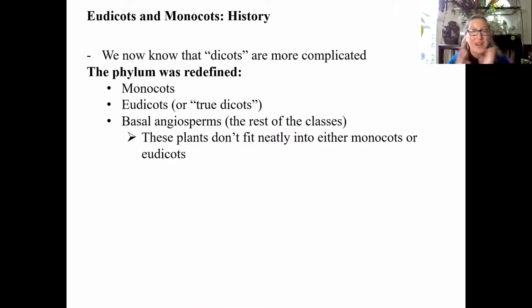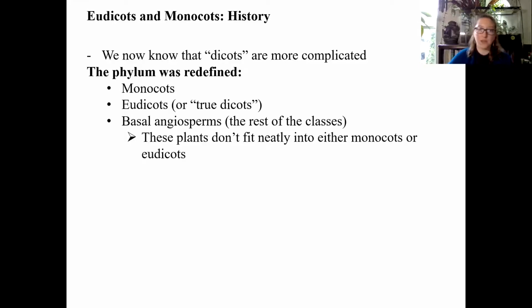But now we know that dicots are way more complicated. It's not as simple as monocot and dicot anymore. And so the phylum Anthophyta was redefined and broken up into more bits, such that we had monocots, eudicots, or the true dicots, and then everything else got lumped into what's called basal angiosperms.